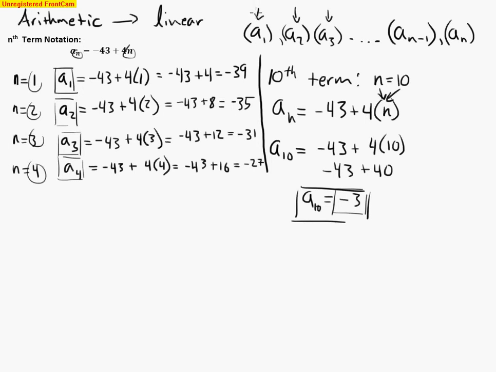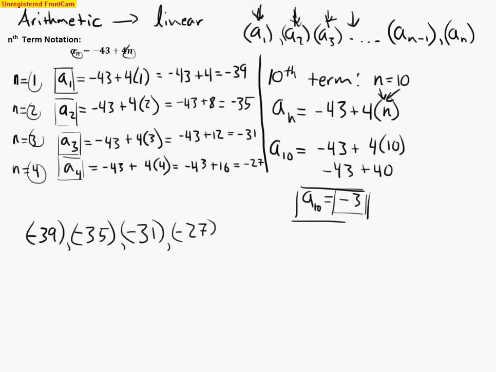So if I found a_1, a_2, a_3, and a_4, I found the first 4 terms in my sequence. So that's negative 39, negative 35, negative 31, and finally negative 27. This is the basic way that we're going to find the terms of our sequence.